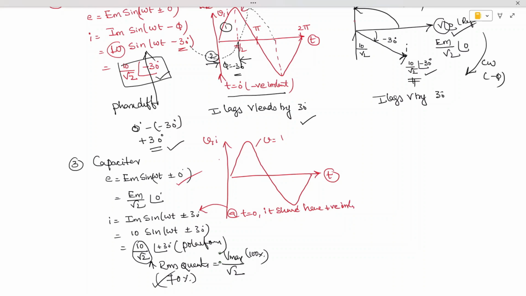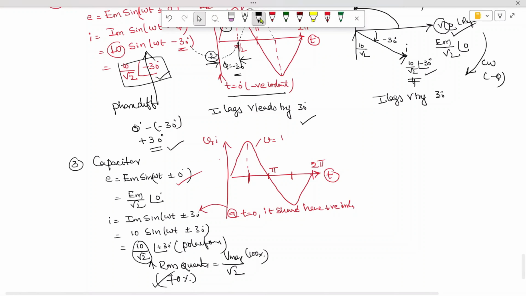Now I'm going to divide this: this is 2π, this is 90 degrees, and this is 270. Now I'm drawing the waveform of current. At t equal to 0, it should have a positive instant.